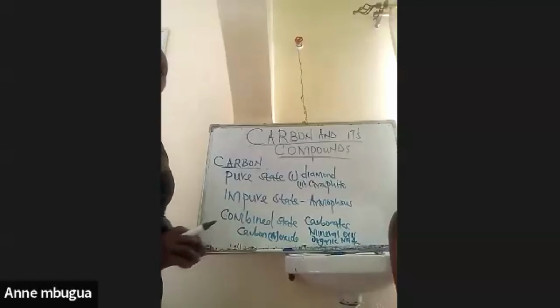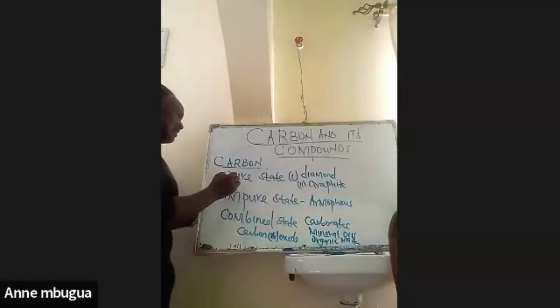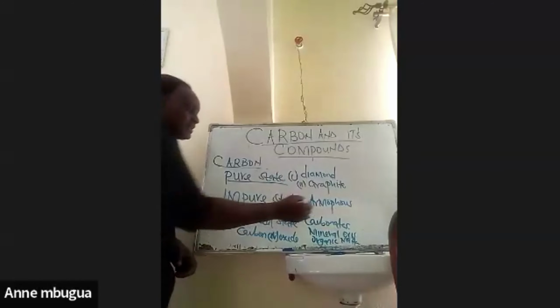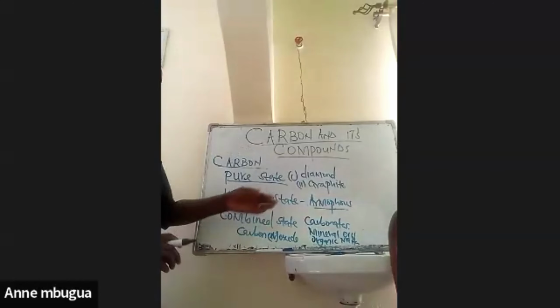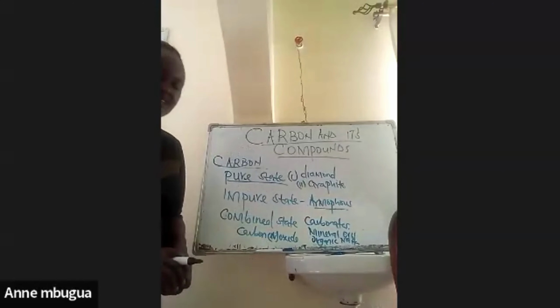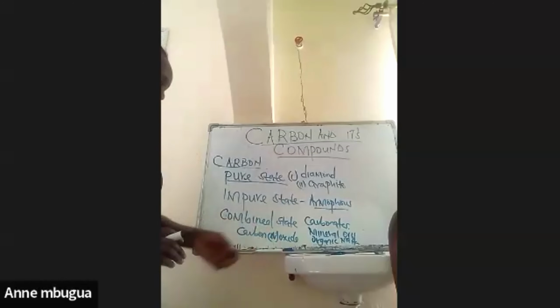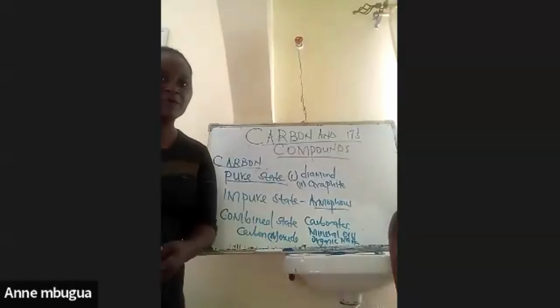So that is the occurrence of carbon. Pure state, diamond and graphite. Impure state, amorphous carbon. Combined states, the carbonates, the organic matter, the mineral oils, and with other elements as carbon dioxide.